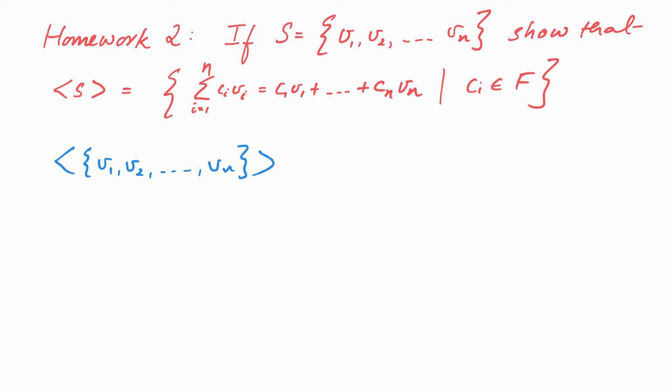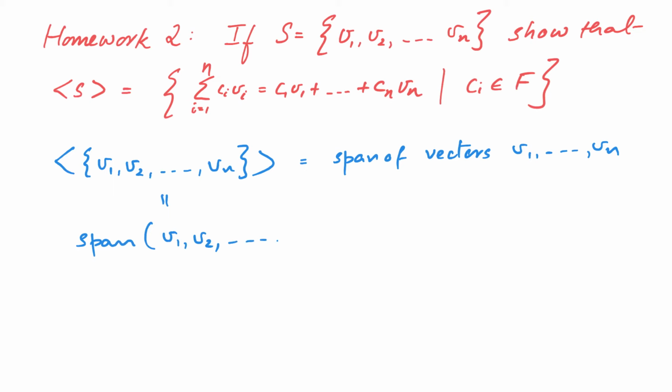This subspace is called the span of vectors V1 to Vn. And it is denoted as span of V1, V2, etc. up to Vn. We might use one of these two notations interchangeably.